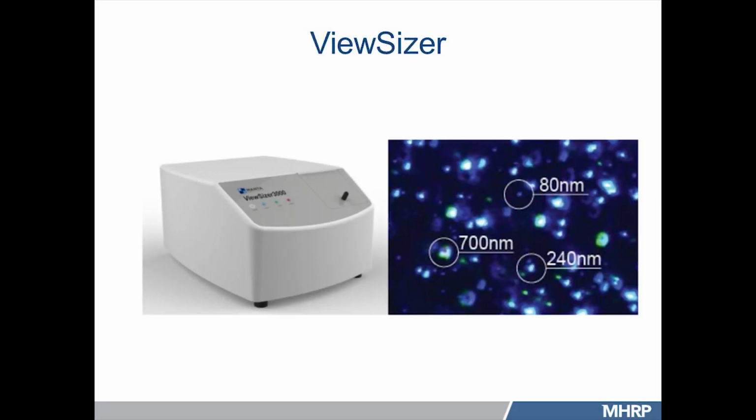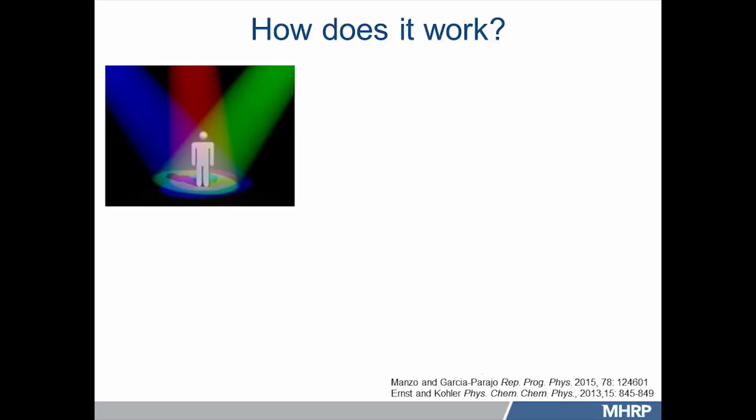The trade name is ViewSizer 3000, and this is the machine, and this is a snapshot of the video. The way it works is very analogous to NTA, except it has three lasers simultaneously looking at the particles so that you do not miss any information. You collect information from small to large size particles.